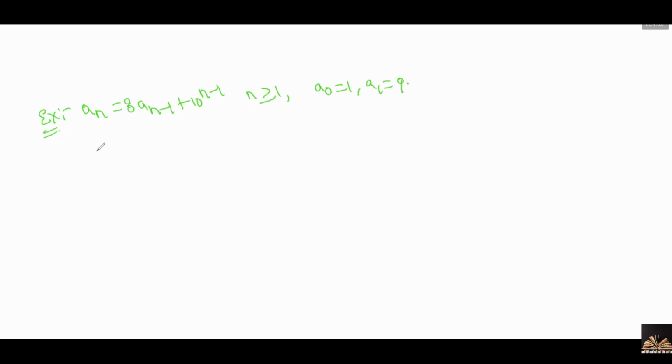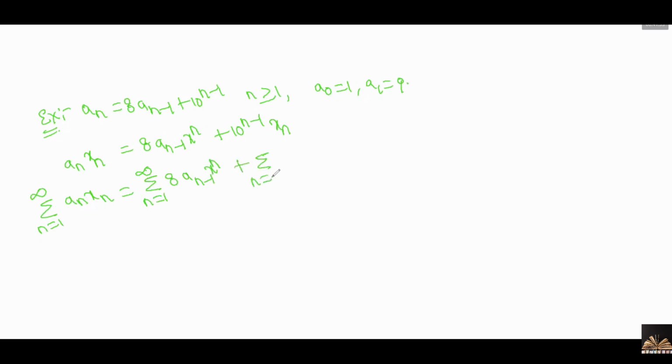So first we multiply with x power n: an into x power n is equal to 8 a n minus 1 into x power n plus 10 power n minus 1 into x power n. Next take the summation from n is equal to 1 to infinity: a n x power n is equal to summation of 1 to infinity 8 a n minus 1 into x power n plus summation of n is equal to 1 to infinity 10 power n minus 1 into x power n, right?